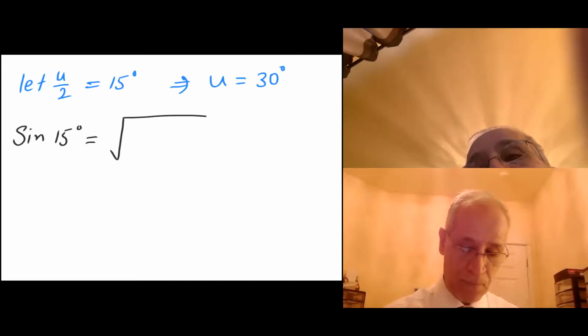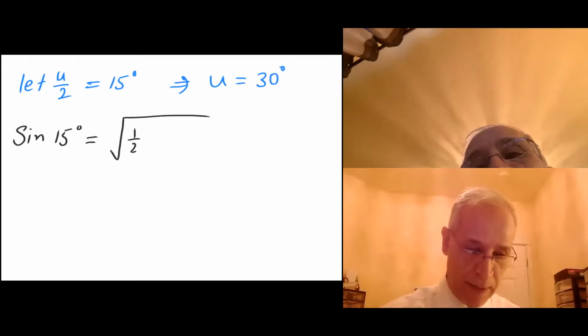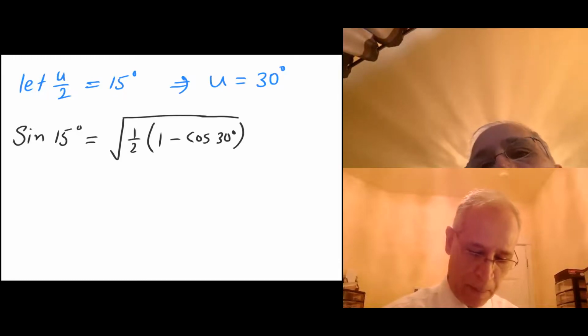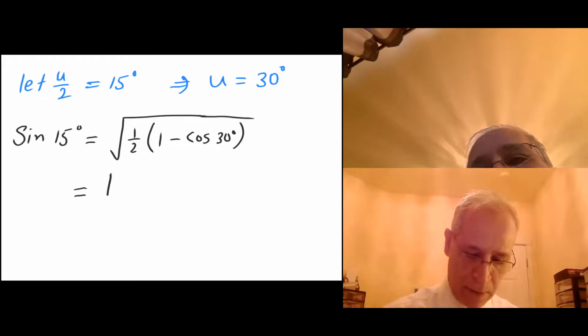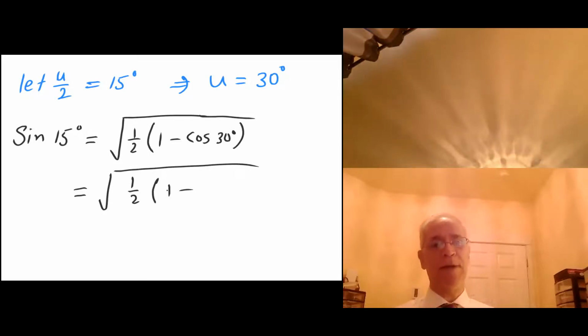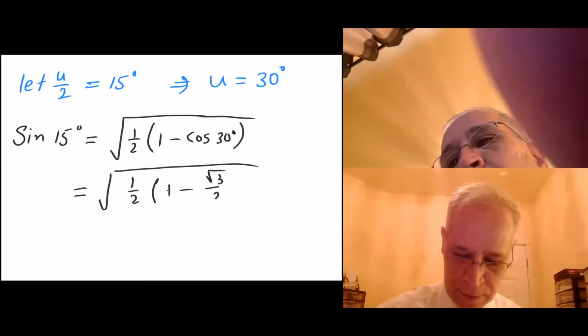So square root of 1/2. And then I have 1 minus cosine of 30 degrees. And that equals square root of 1/2 times 1 minus cosine of 30 degrees, which is root 3 over 2.